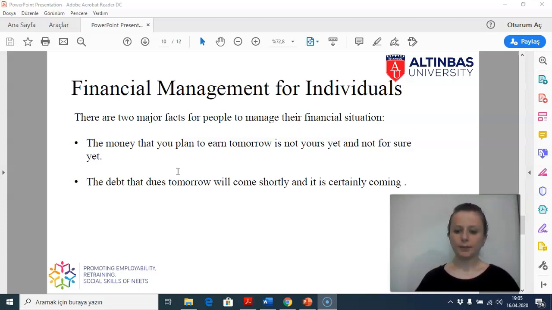On the other side, unlike the money that you will be earning tomorrow, the debts that are due tomorrow will come shortly, and they are certainly coming. So we need to be ready for any outstanding debts. We need to improve our cash management to fulfill the requirements for the future.